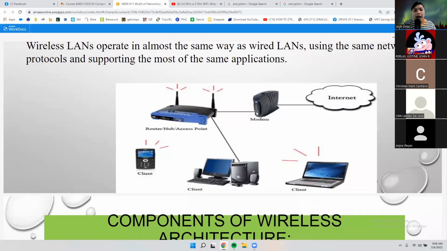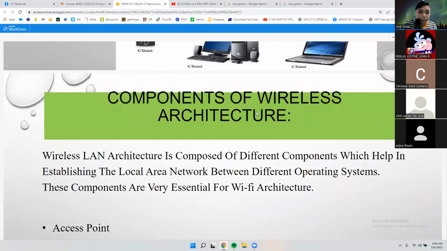Okay? So diyan, di ba, ngayon kasi kasama na yung modem sa router. Kumbaga ready na siya for wireless connection. Technically, kung maraming computer, syempre meron kang tinatawag natin na bridges or hubs or switches that is applicable para makapag-access sa mga computers natin.